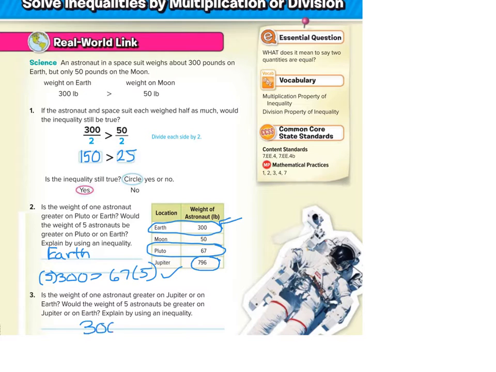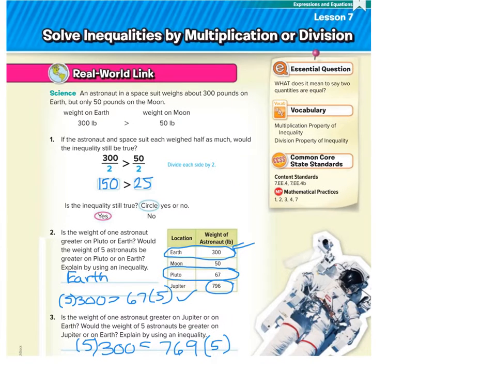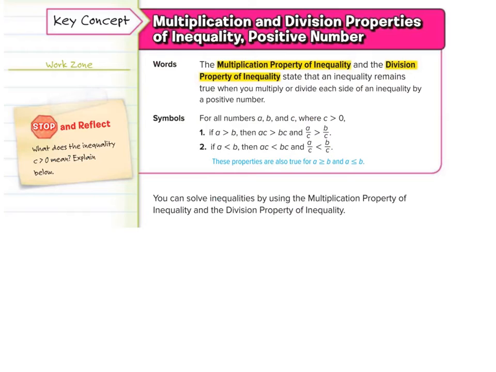So 300 is less than 796. If I multiplied both sides by 5 astronauts, it's still true. So when I multiply both sides of an inequality or divide both sides of an inequality, the inequality is still true.